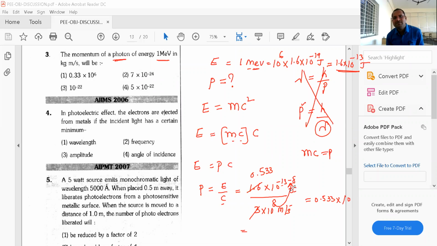Minus 13 minus 8 is minus 21. Then can we write 0.5 as 5 into 10 to the power of minus 22? Yes, we can. That is option 4. Option 4 is the right answer.